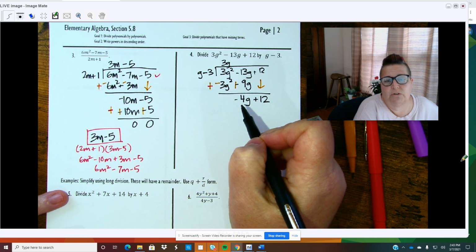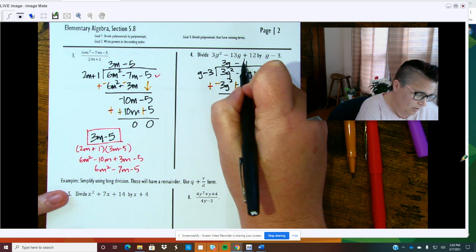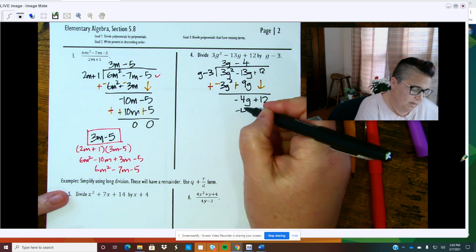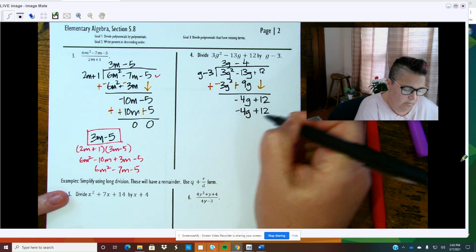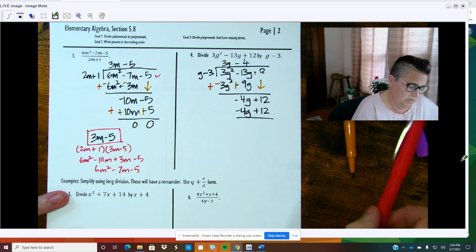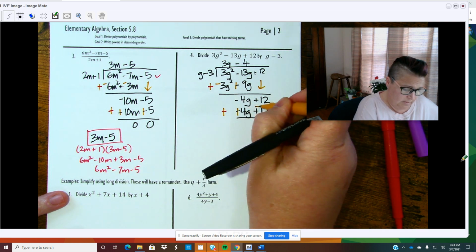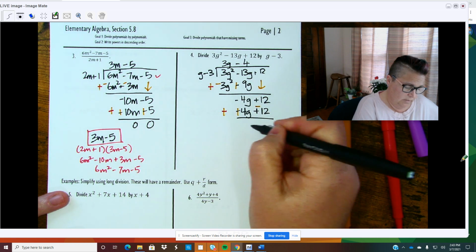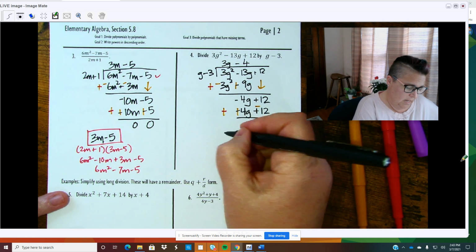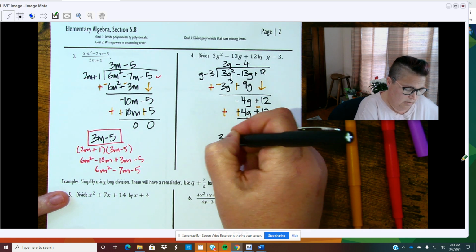G minus 4g, so I need a minus 4 to make that. That's going to give me a minus 4g plus 12, which I will need to subtract. That's the same as adding opposites, which is going to zero out again, and I end up with a 3g minus 4.